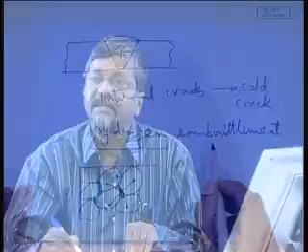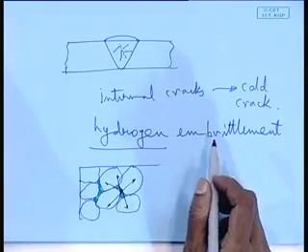From there the crack may grow, and crack growth may take place and eventually lead to a catastrophic failure of the entire structure. So that is what the internal cracks are, right.